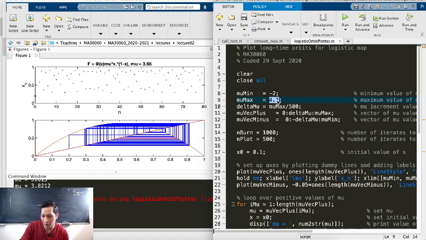And for each value of mu, you're going to basically start the simulation at 0.1 and then run about 500 to 1,000 times. N will run to 1,000 in terms of iteration. So you're going to calculate x1, x2, all the way to x1000.